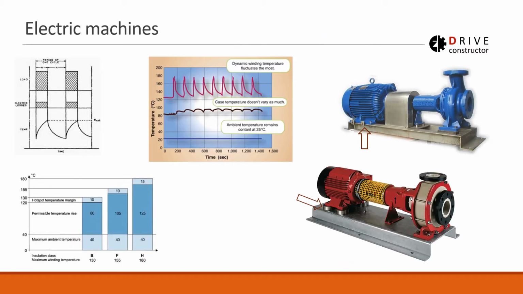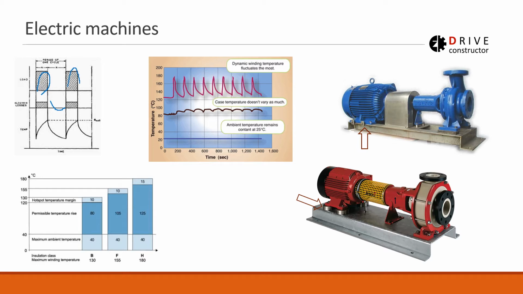Some more things about electric machines. This is so-called intermittent operation. So when we first load the machine, it has some torque, and then there is no load. So the machine is just resting, it is cooling down. And then we have this cycle again. So it's like cyclic operation.